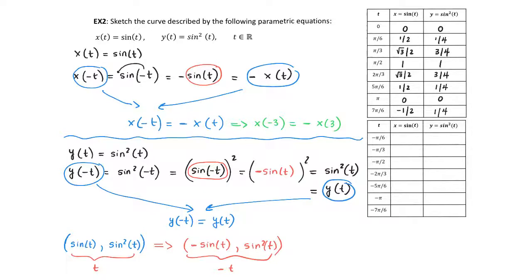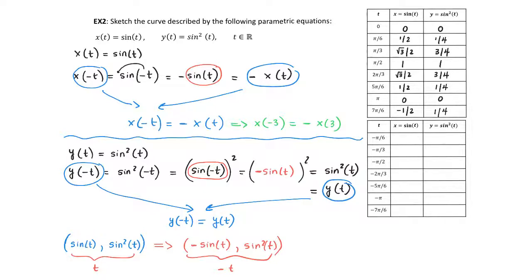Now for the bottom one, I could go back and pretty much repeat the algebra for negative pi over 6, negative pi over 3, but I want to be more efficient. If I already know that this graph is symmetric about the y-axis, then I can immediately start filling this part of the table here without doing too much work.